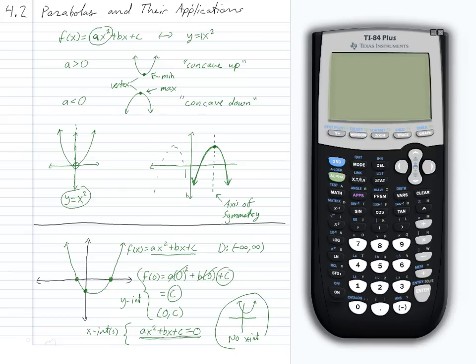Or we could just charge straight ahead with whatever technique seems appropriate. I generally like to try factoring. If that doesn't work, maybe the square root method will work. Failing that, I usually go straight to the quadratic formula. That one will always find our solutions to this equation, even if those solutions are non-real.